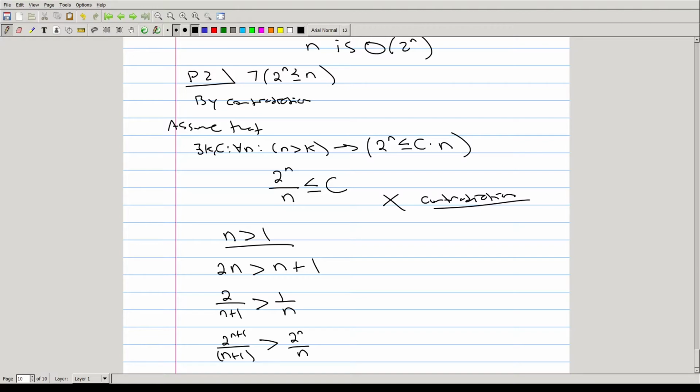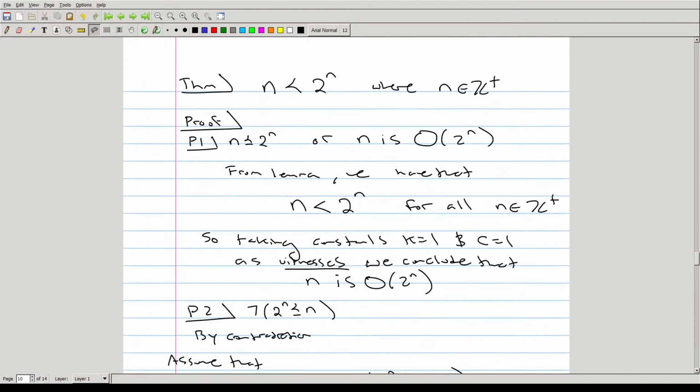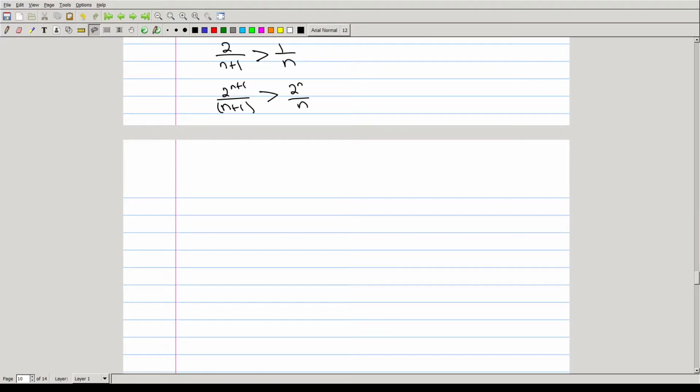And it clearly shows that we have a contradiction here if we assume that 2 to the n is dominated by n. And we give an interesting corollary to this theorem that n is strictly dominated by 2 to the n. And that corollary comes about when we think about what happens to the logarithm of either of these functions.